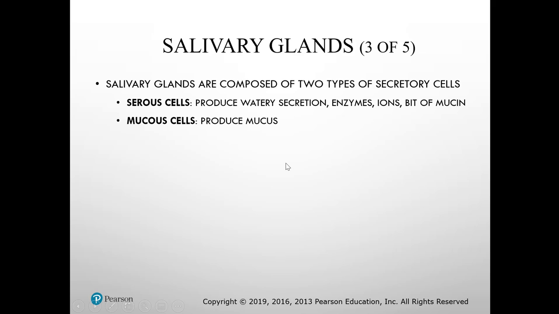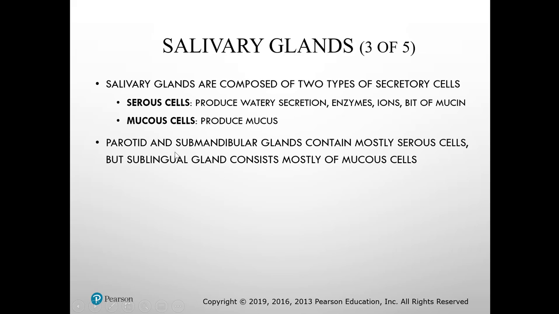Goblet cells are individual cells, but they are transparent, and you could see the nature of the goblet cell. It's a mucus producing cell. Several goblet cells put together in a flowery acinar type form the mucus acini. So your parotid and submandibular glands will contain mostly serous cells.